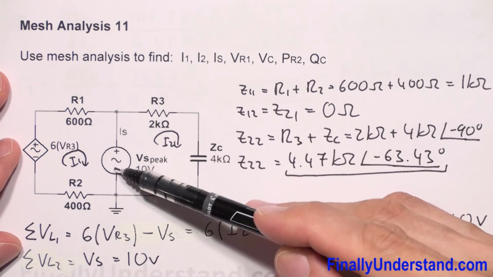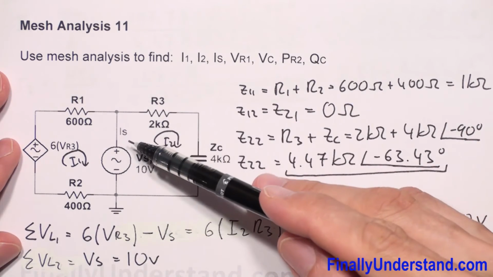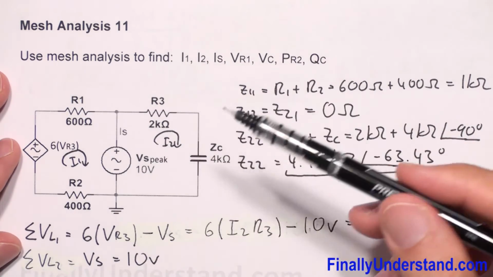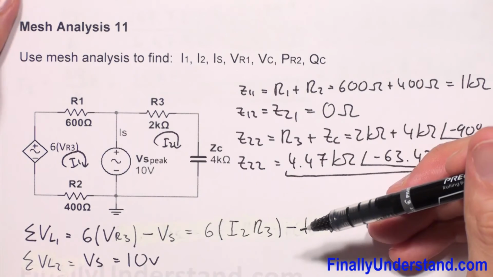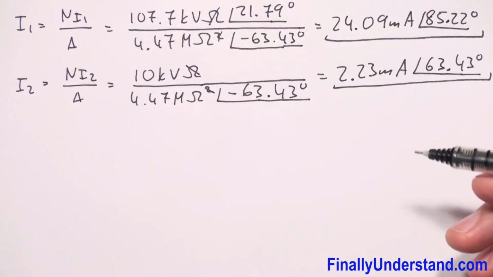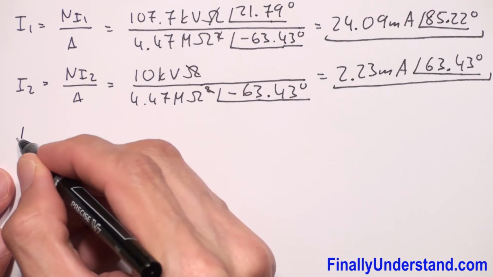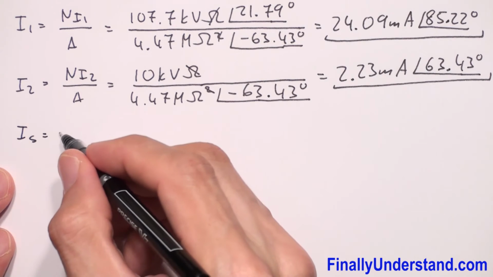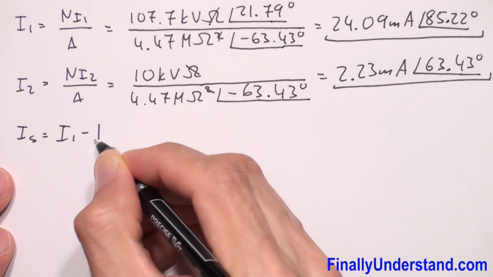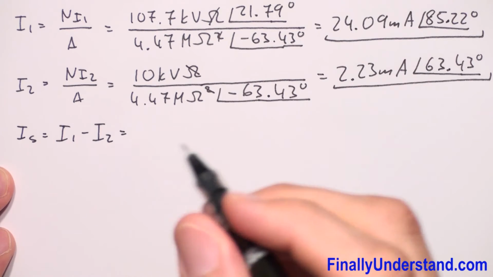So they're going to oppose each other. That's why, to find the value of IS, you're supposed to subtract them. So IS is equal to I1 minus I2.